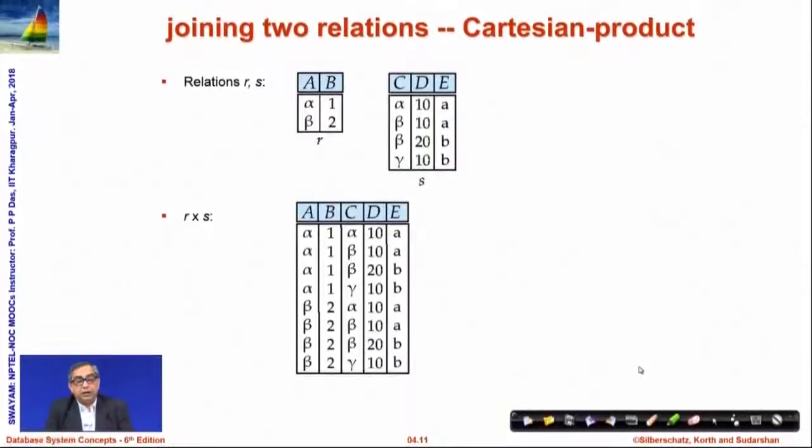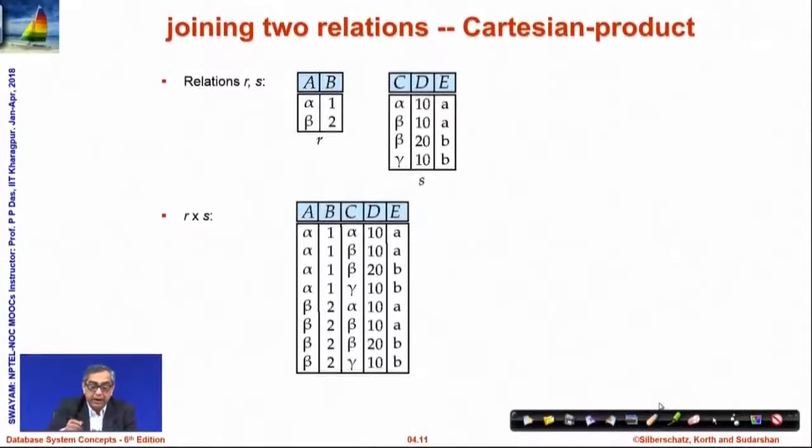Next comes how can we join two different relations which have different sets of attributes. So, relation R has A B and relation S has C D E. We can take a Cartesian product. Taking a Cartesian product is making all possible combinations.